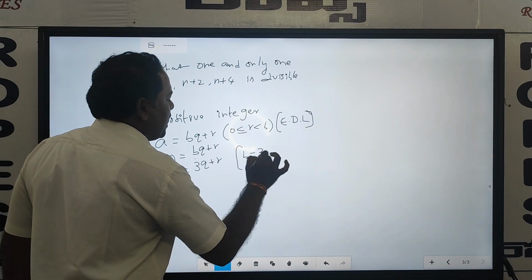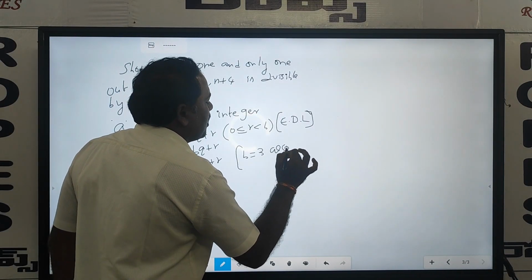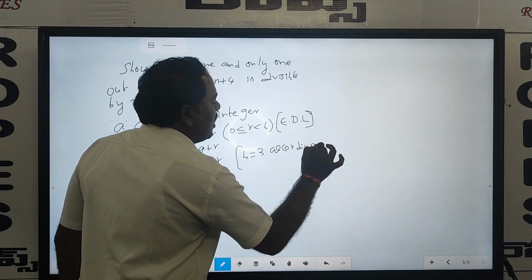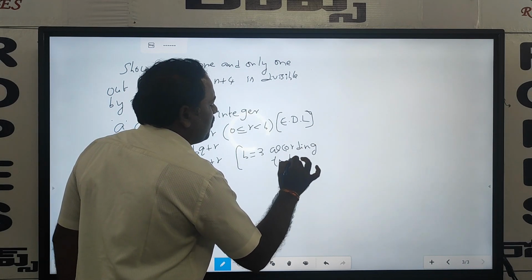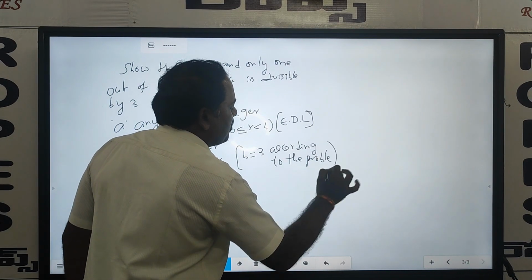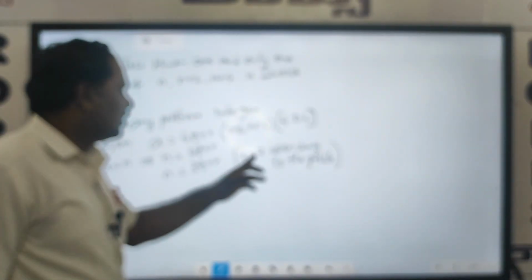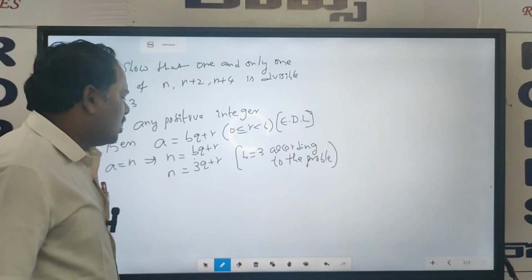You can write b is equal to 3 according to the problem. By the problem, they have given the value of b is 3.